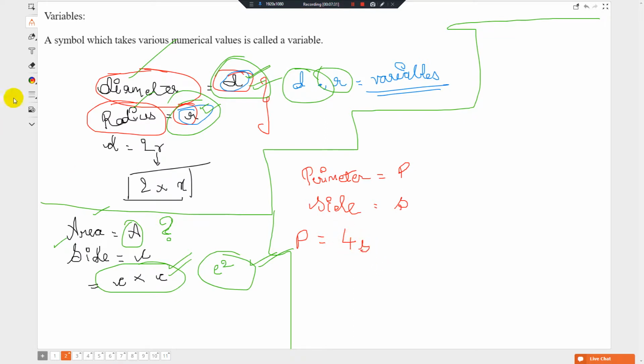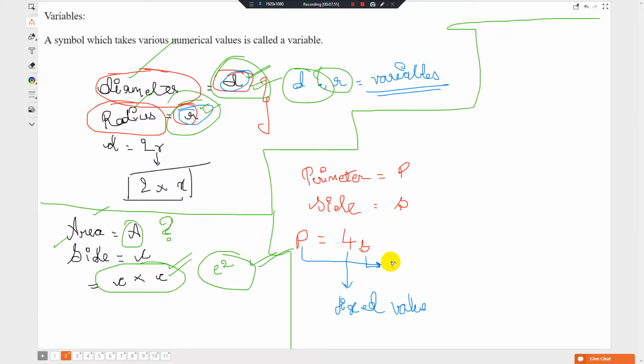Here we also observe that 4 is a fixed value; it is always 4. But s and P are not fixed values.